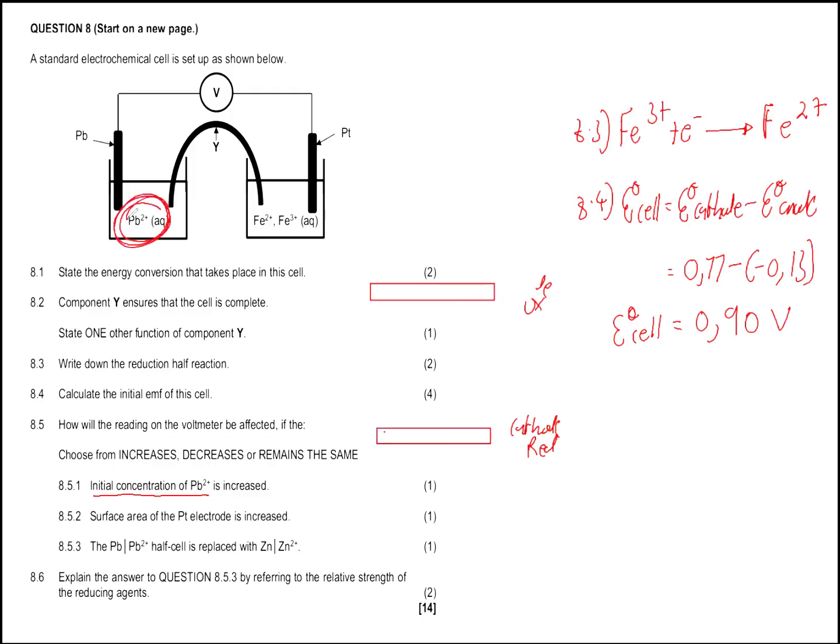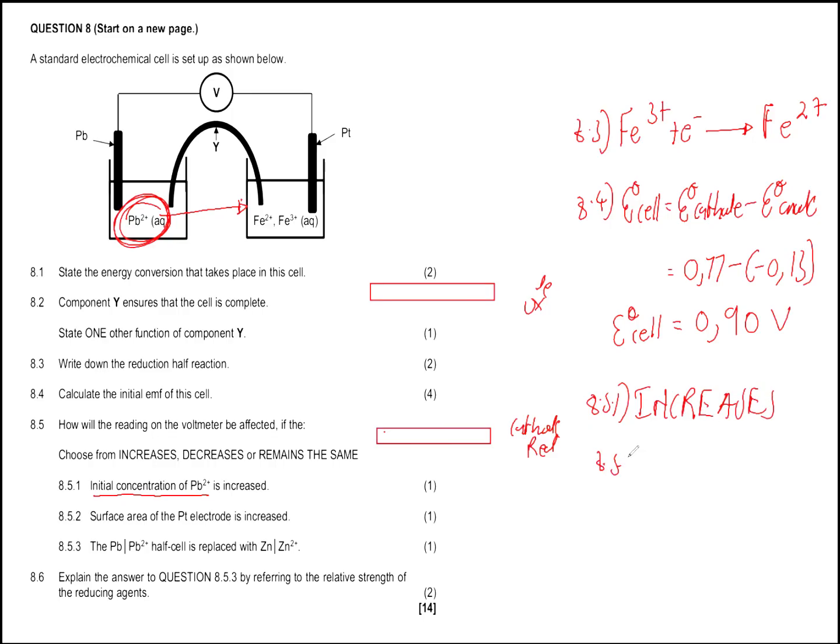And if we use up that, that means we are favoring the forward reaction. And if we are favoring the forward reaction, what happens to the voltmeter reading? The voltmeter reading will obviously increase, right? So for 8.5.1, if the initial concentration of this is increased, then we must have the voltmeter reading increasing. So it increases.